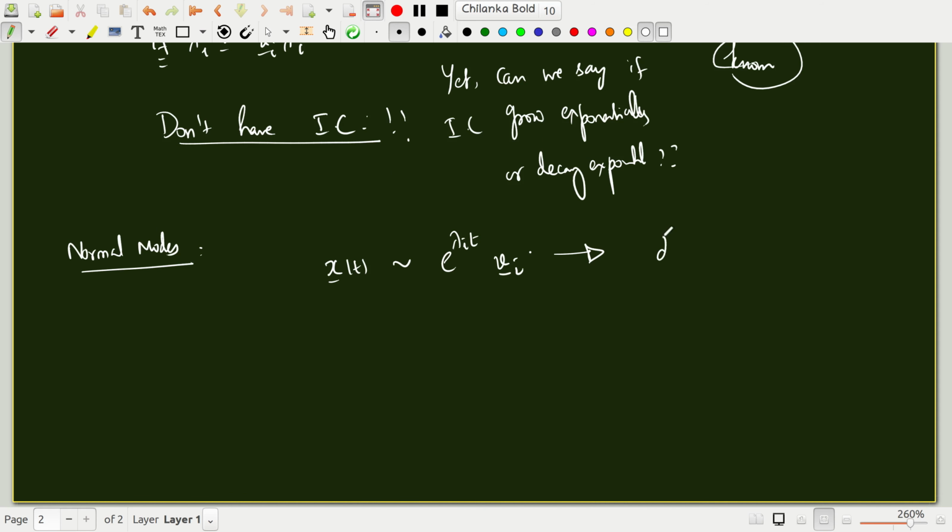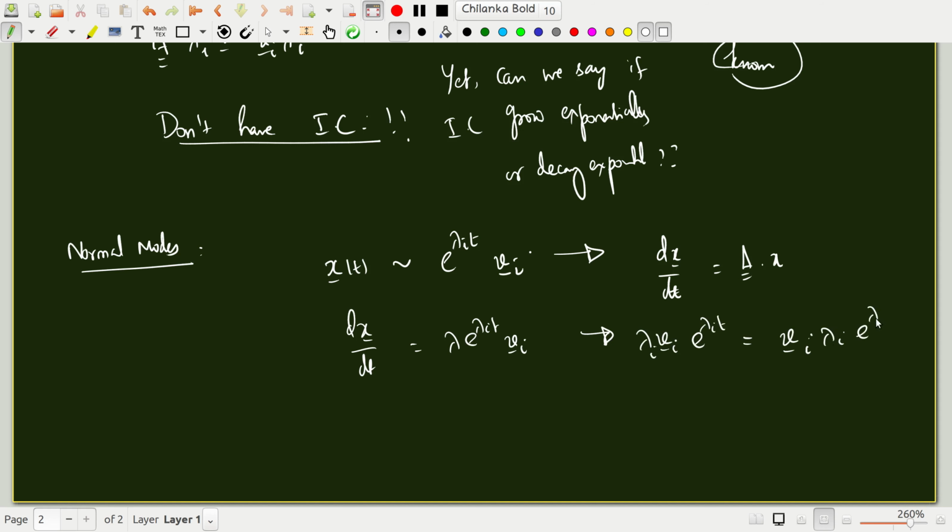Sorry, it should be dx/dt is Ax, right? Now I substitute this. So lambda vi e to the lambda i t, and A times vi is lambda i vi again. So vi lambda i e to the lambda i t. Okay.